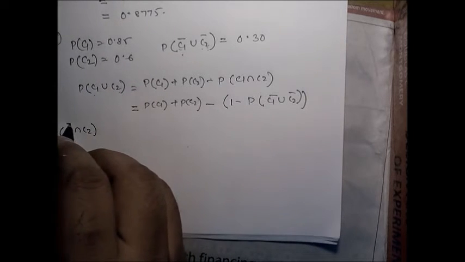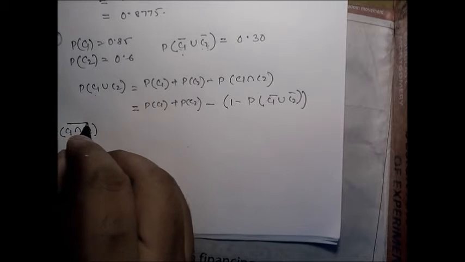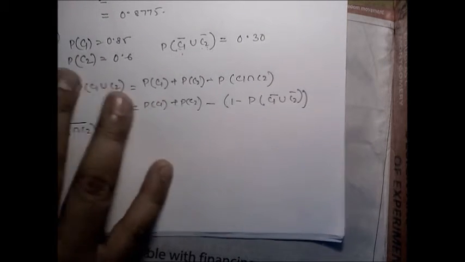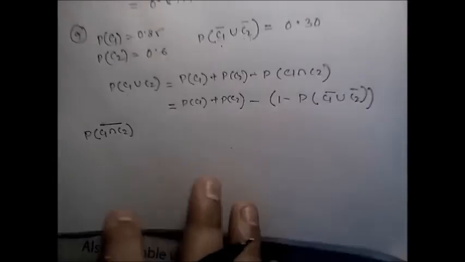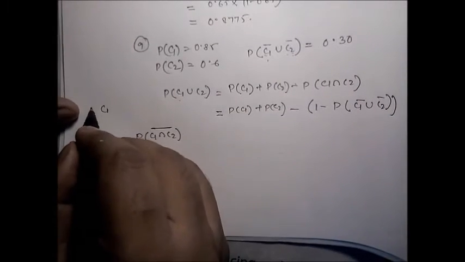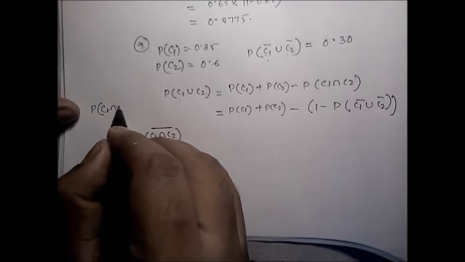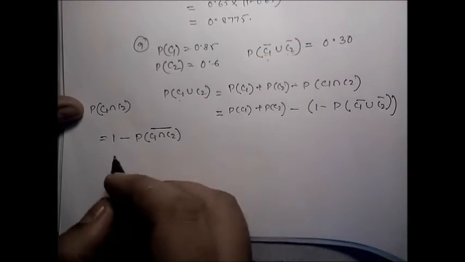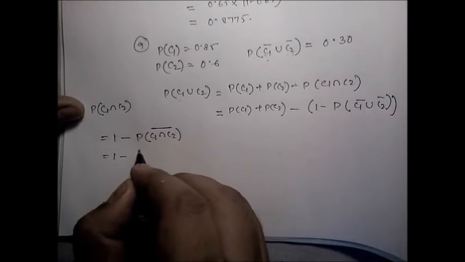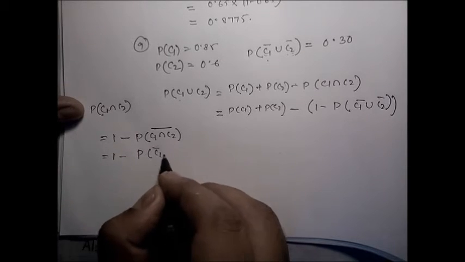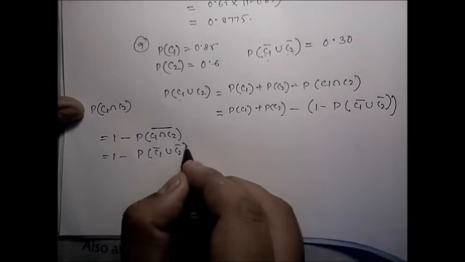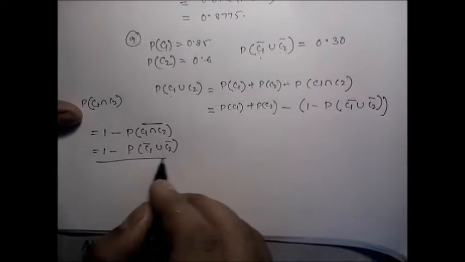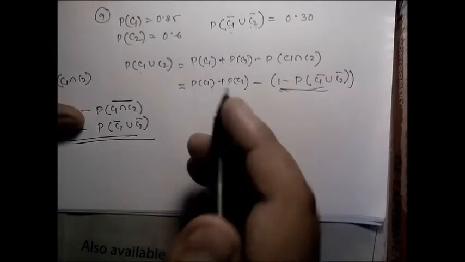If you apply the bar here, probability of C1 intersection C2 is equal to 1 minus this one. Now, 1 minus probability of C1 bar union C2 bar. So here we are using De Morgan's theorem. Clear?